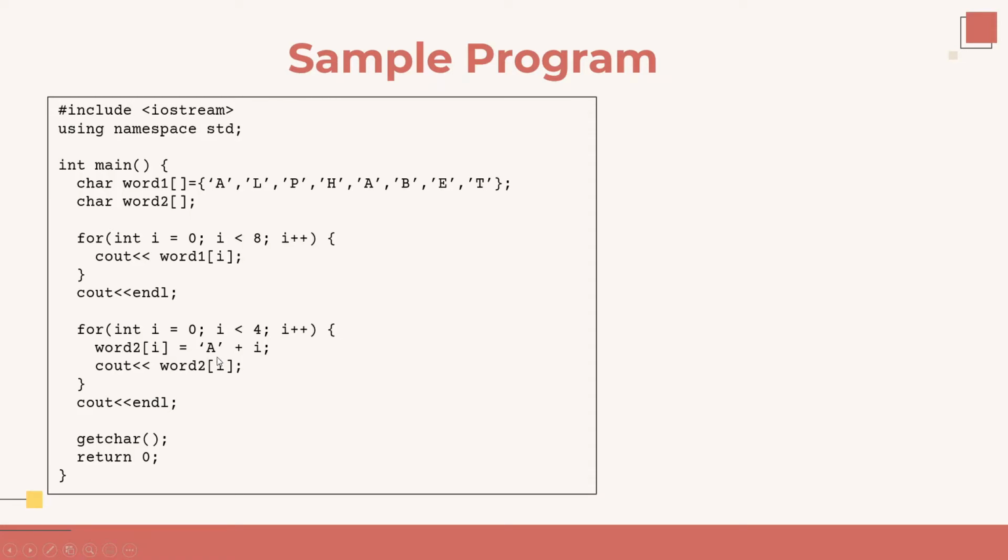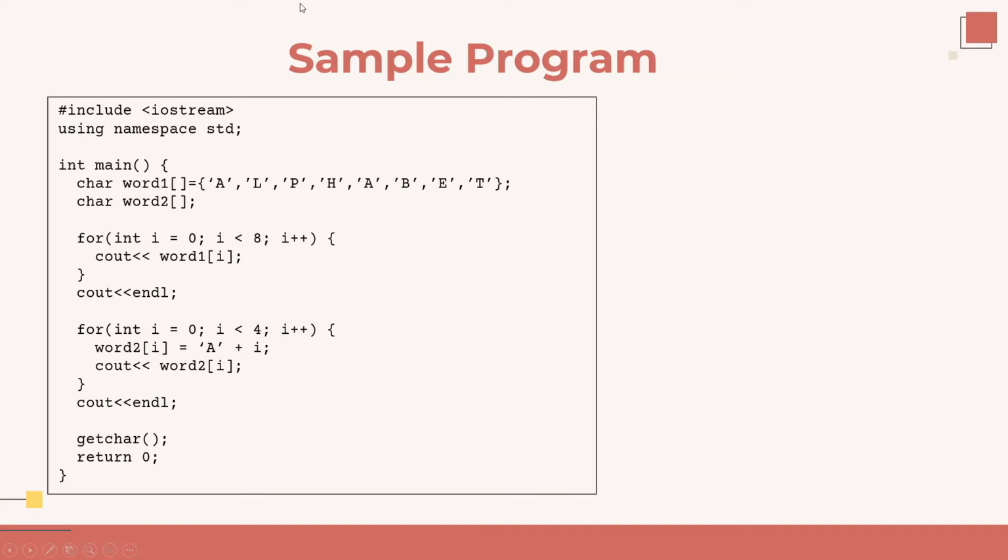And the array word2 at each index is filled with 'A' plus i, and the character A has ASCII code 65, so index 0 will be filled with the character A. It means that ASCII code 65 plus 0 will be filled with the character that has ASCII code 65, that is A.